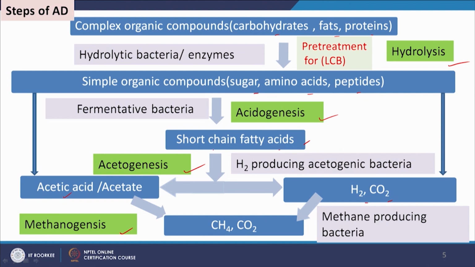Short chain fatty acids can further be converted to acetic acid, H2 and CO2, and then acetic acid and acetate are later converted to methane and carbon dioxide through the methanogenesis step. H2 and CO2 can also combine to give CH4 and CO2, and methane producing bacteria are responsible for this reaction. These are the different reactions involved in the production of biogas through anaerobic digestion of organic compounds.